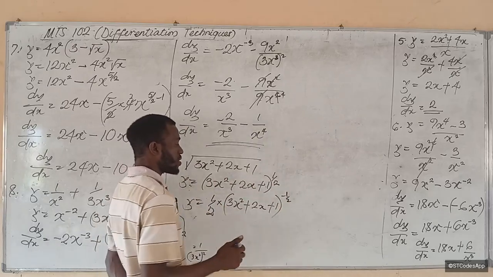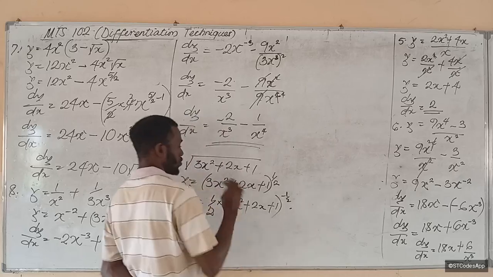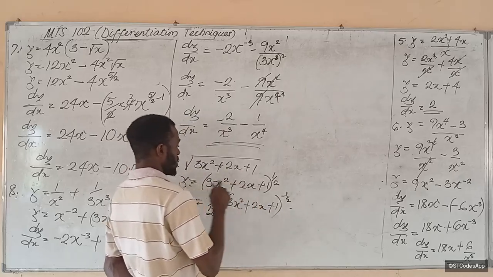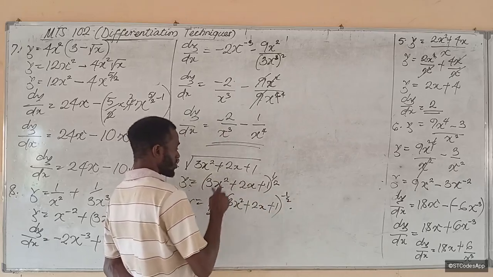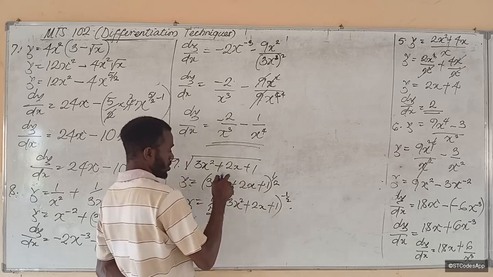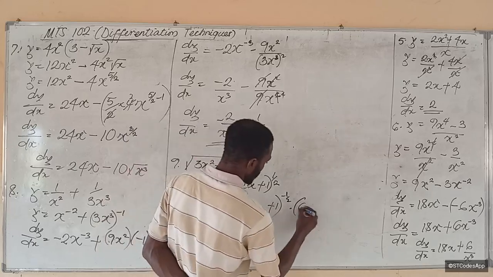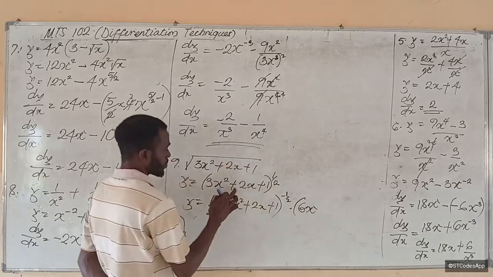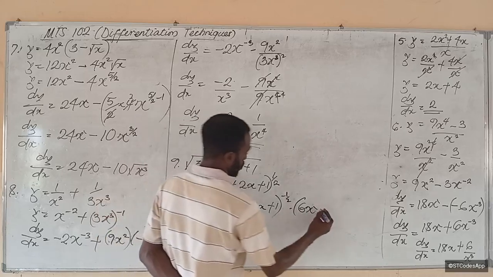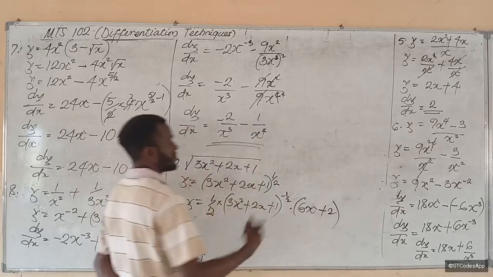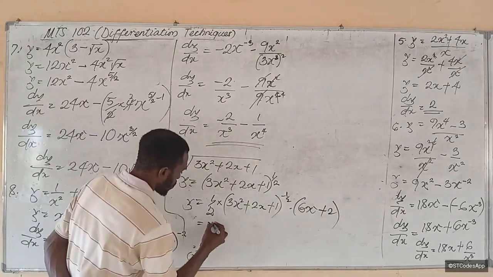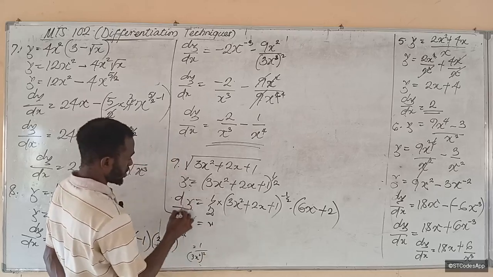Then I will now differentiate the inner function. I'll multiply this by the derivative of the inner function. Derivative of the inner function is 3x squared plus, derivative of the inner function with this multiplies this will give me 6x, then 6x raised to power 1 plus 2. That's the inner function. Okay, so that we can have, sorry, this is dy dx now, right?